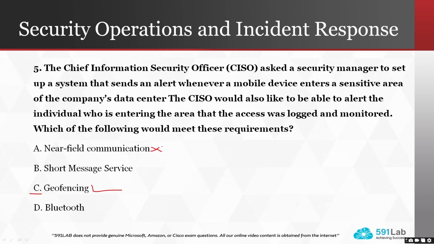Near field communication could not be the correct answer, since NFC requires close proximity and physical interaction for data exchange, so it wouldn't be suitable for detecting a mobile device entering a broader sensitive area.